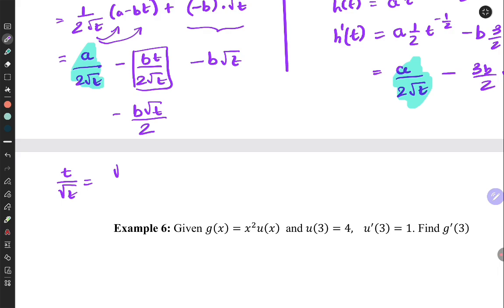Yeah. That's how I got to that. The negative b, the over 2, copy and paste.